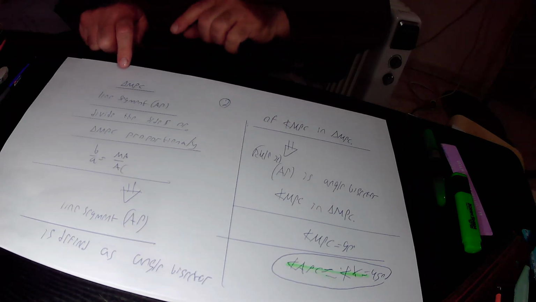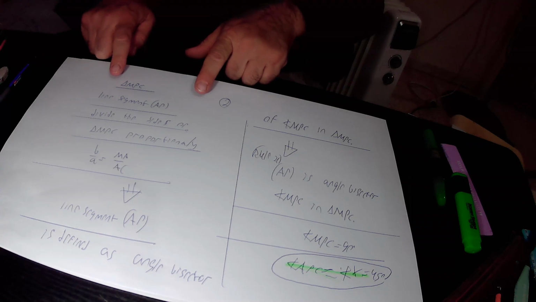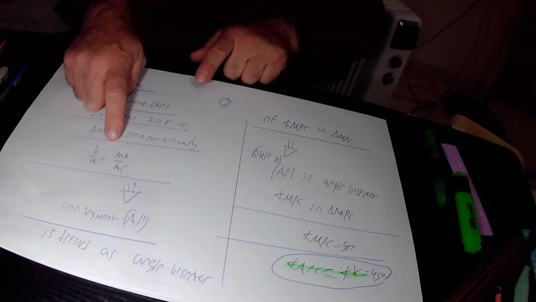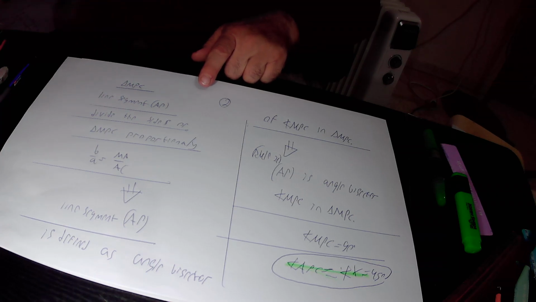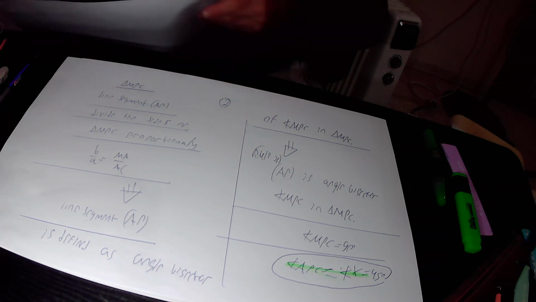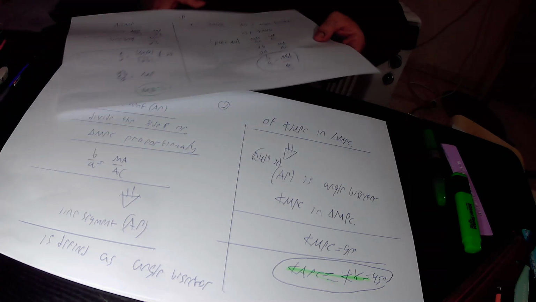In the right triangle MPC, line segment AP divides the sides of triangle MPC proportionally. That is to say, B over A equals MA over AC. We already found out that B over A equals MA over AC.